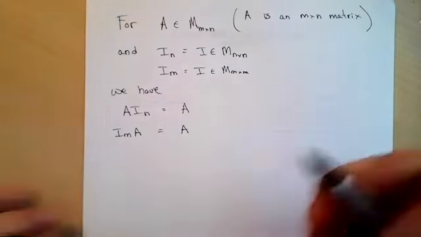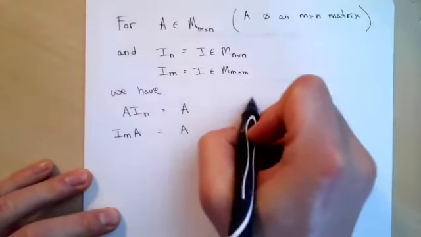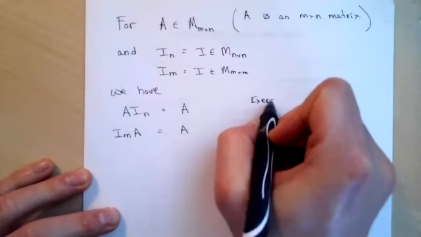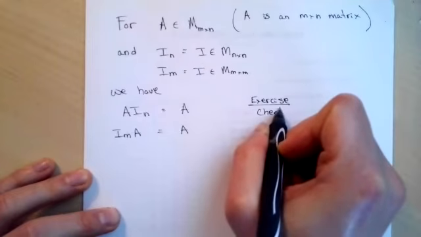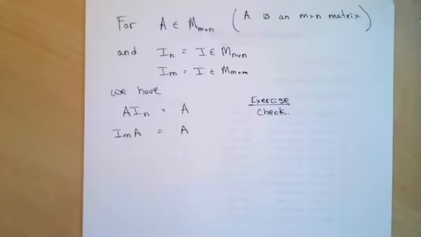And I'll leave that as an exercise. Pick your favorite matrix of whatever size, multiply it by an identity, either on the right or the left, and check to see that it will compute and give you back the same matrix you started with.